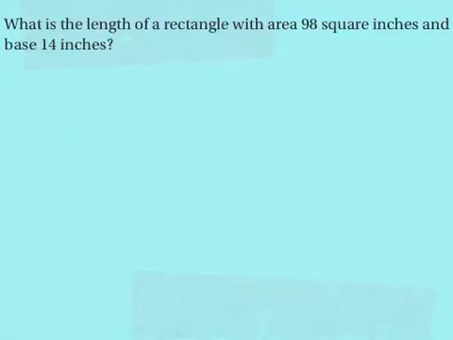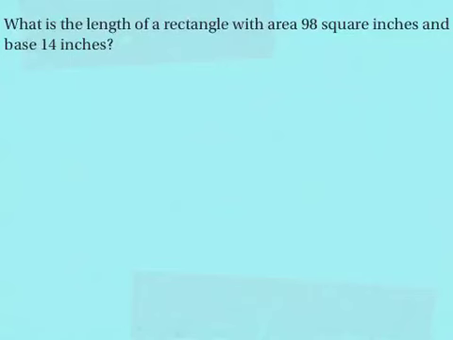The next example says, what is the length of a rectangle with an area of 98 square inches and base of 14 inches? You're given the area and the side length, so be careful when you're plugging this into the area of a rectangle formula. Remember, the area of a rectangle is length times width.